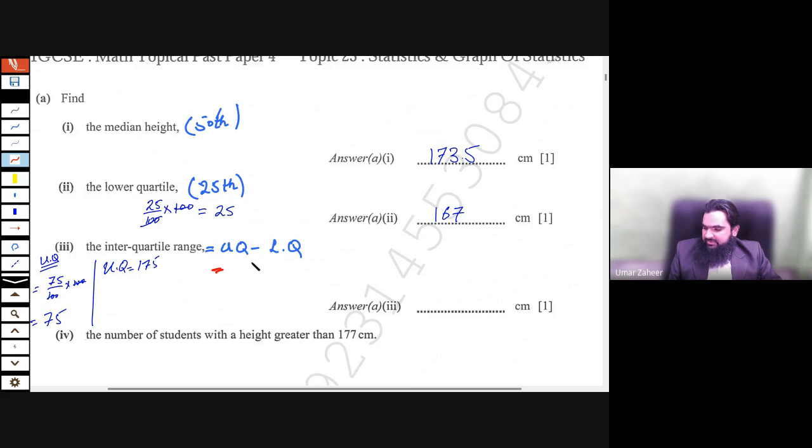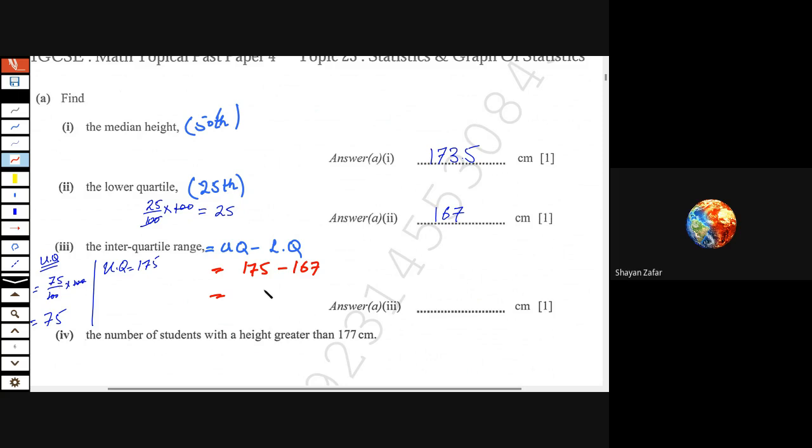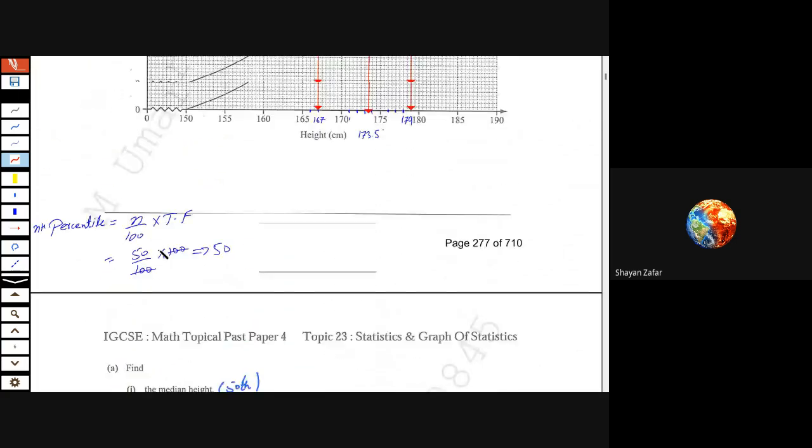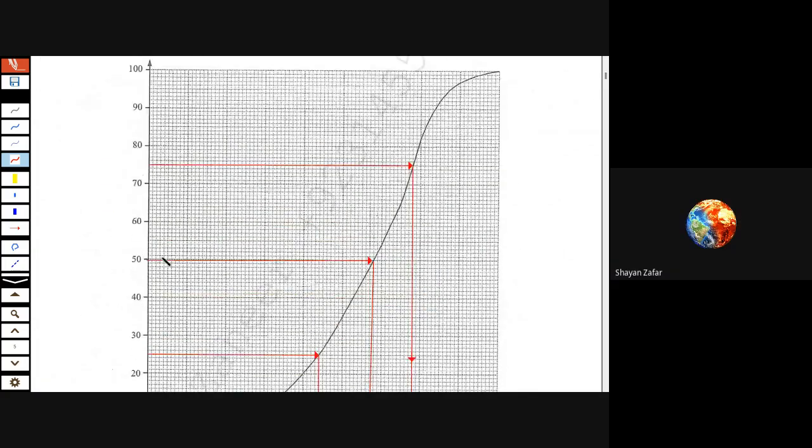The upper quartile is 179, not 175. The lower quartile is 167.